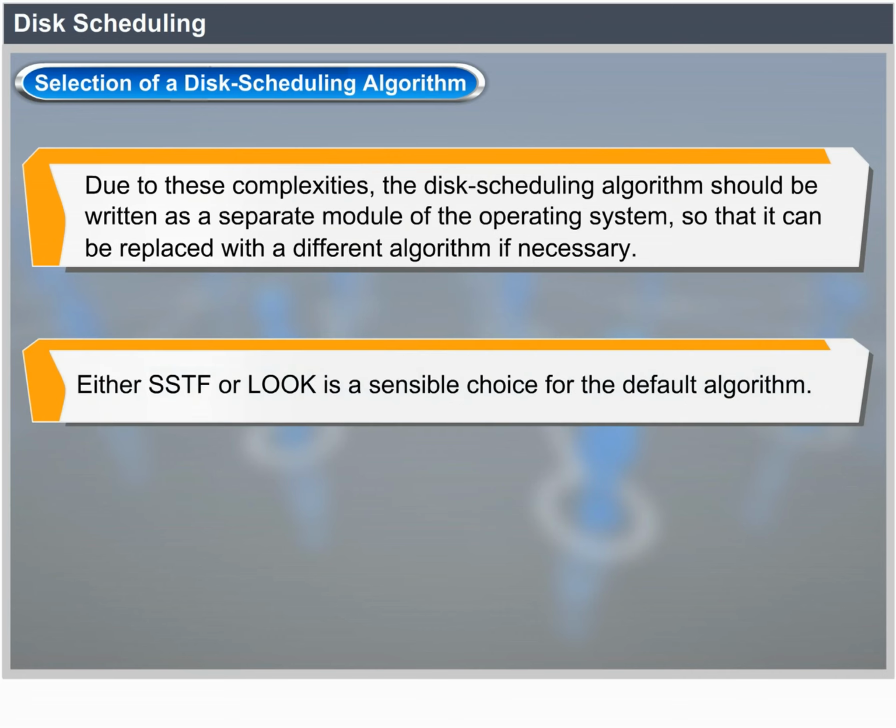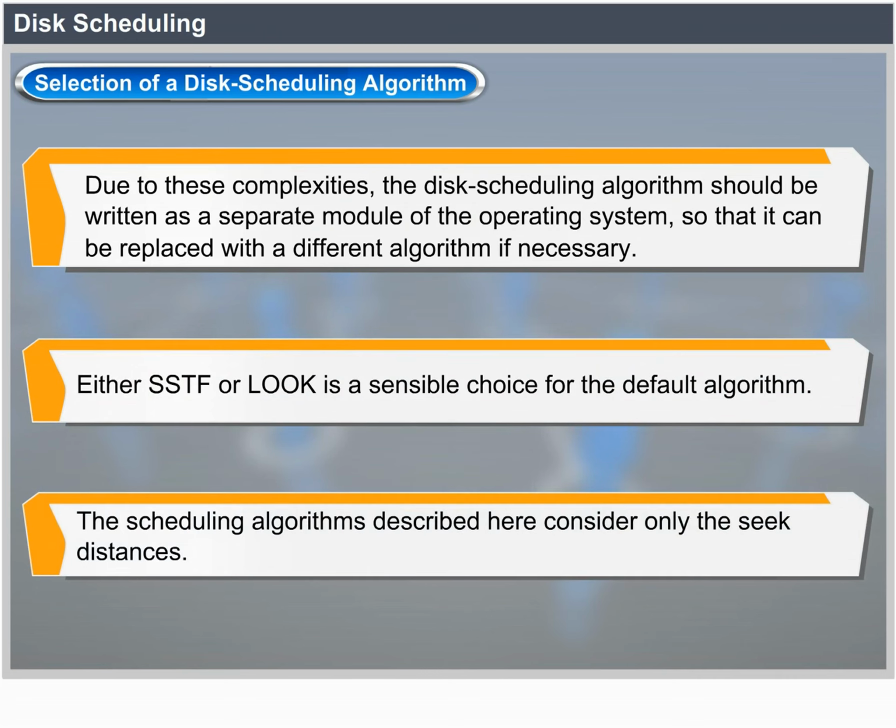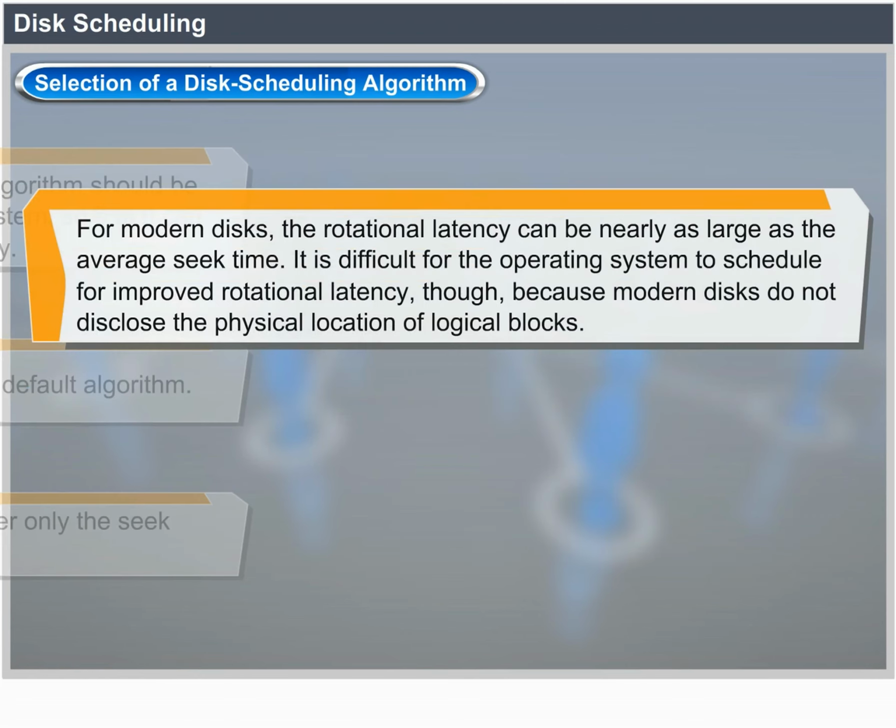The scheduling algorithms described here consider only the seek distances. For modern disks, the rotational latency can be nearly as large as the average seek time. It is difficult for the operating system to schedule for improved rotational latency though, because modern disks do not disclose the physical location of logical blocks.